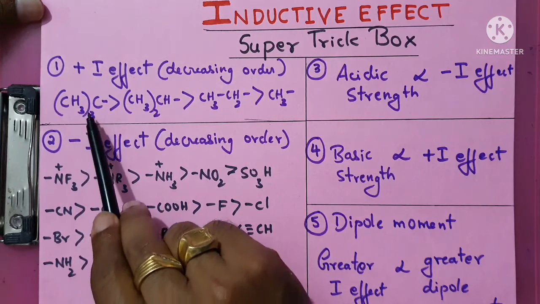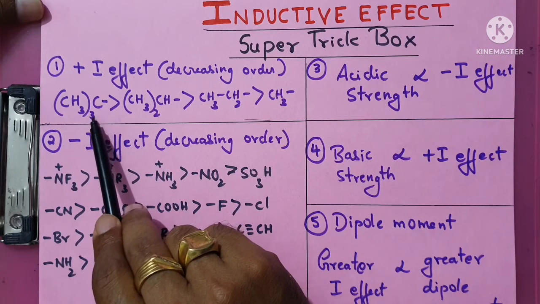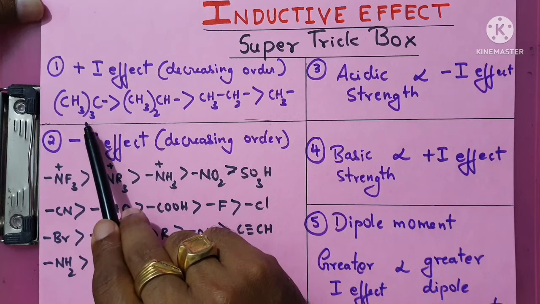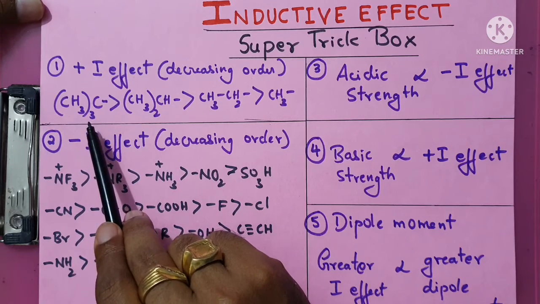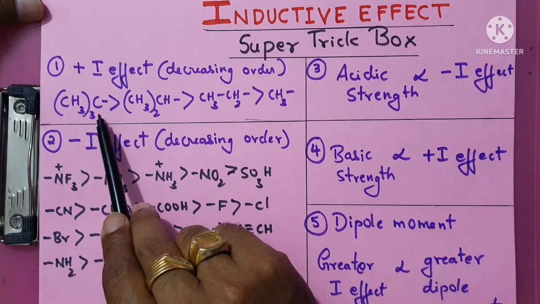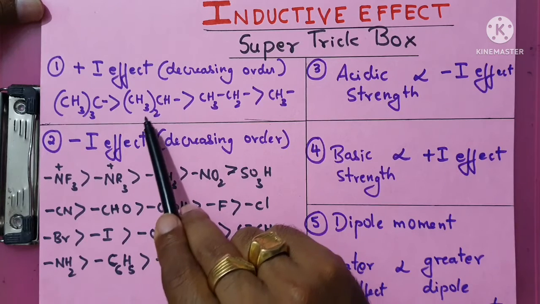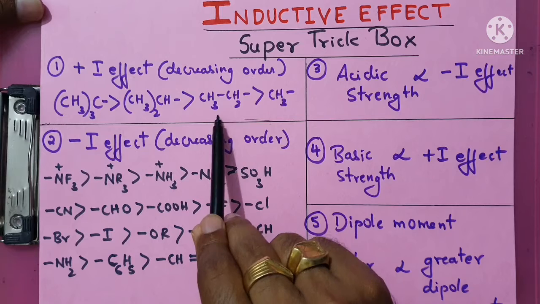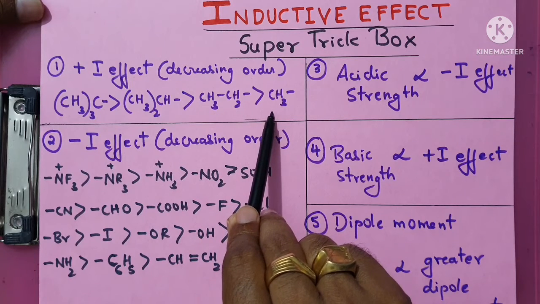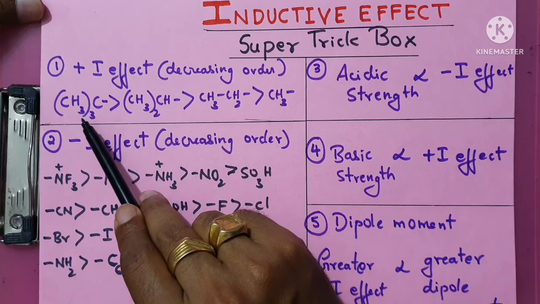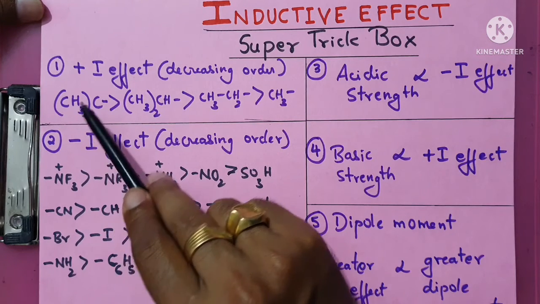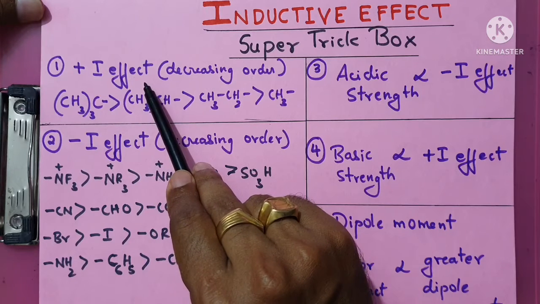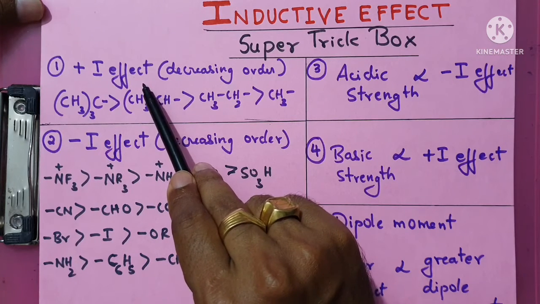The carbon with more CH3 groups will show more +I effect. Then comes carbon with CH3 two times, then CH3 one time, and then CH3. So the more the number of carbon atoms, the more will be the +I effect. Hope you have understood this.